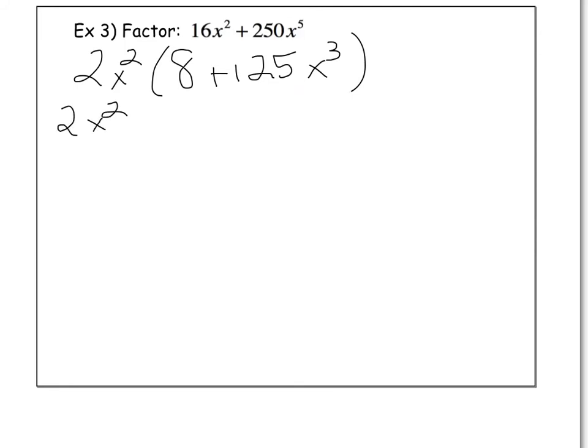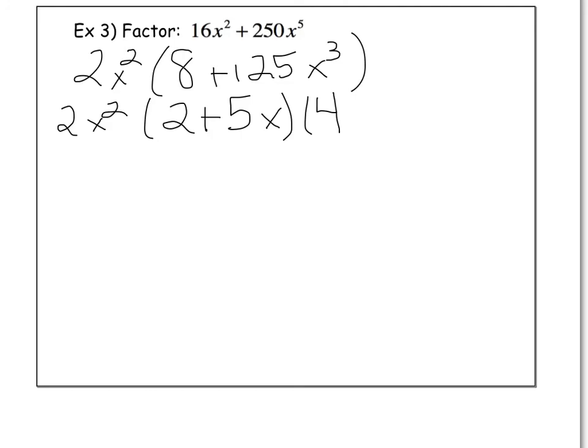So we have 2x squared, then the cube root of 8 is 2, so this becomes a 2 plus, because that first sign is the same, and then this is 5x, right? Then in our trinomial, the first term is this thing squared, which is 4.